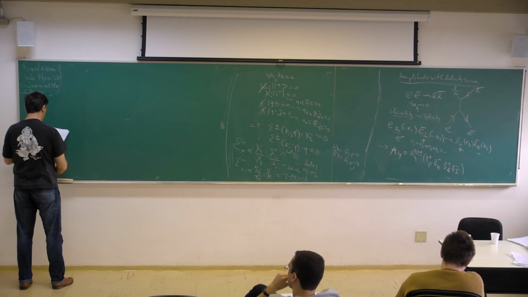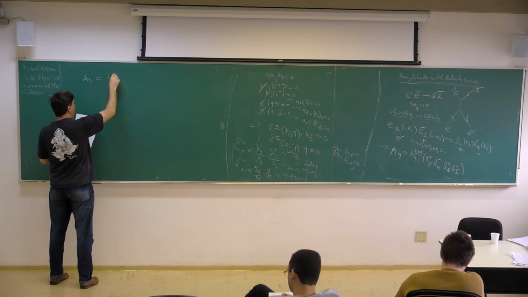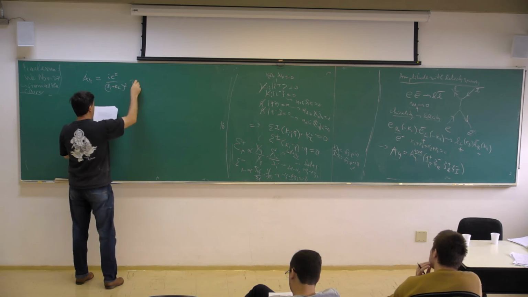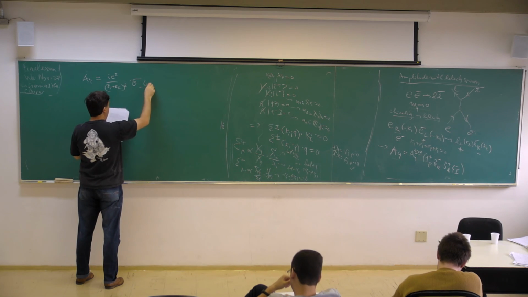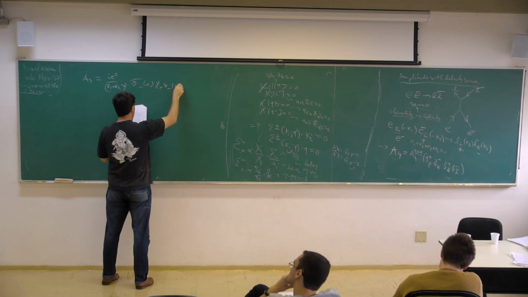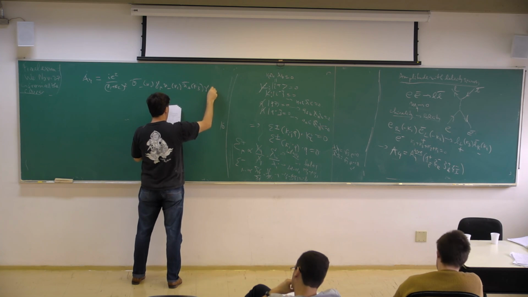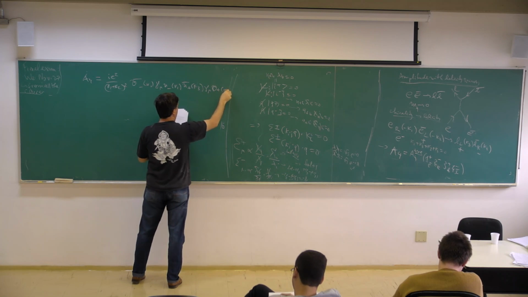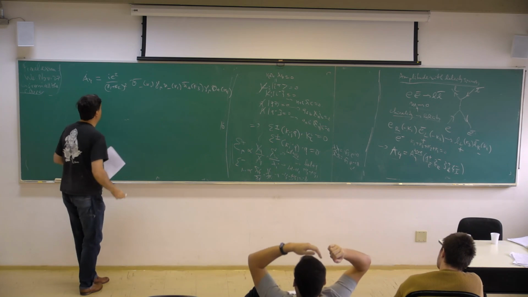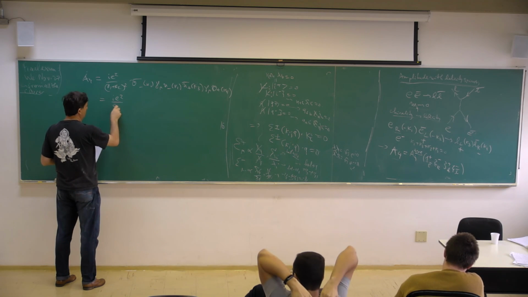So the formula we had found before was A4 is equal to i e squared over (k1 plus k2) squared, v minus bar of k2 gamma mu u minus of k1, u plus bar of k3 gamma mu v plus of k4. With our notation, we call this s12.